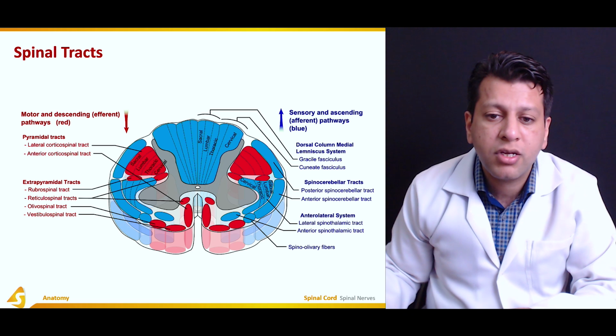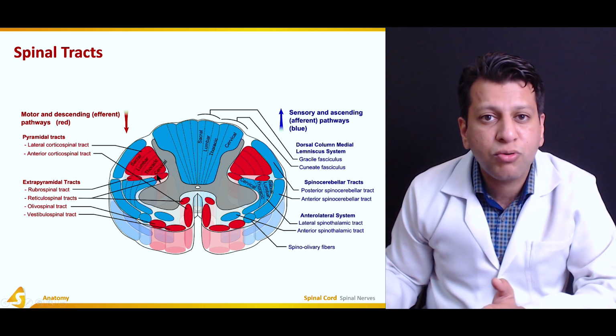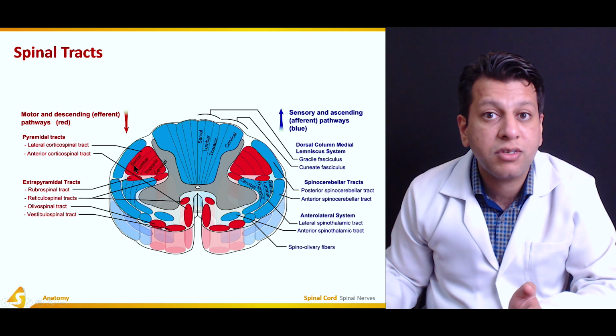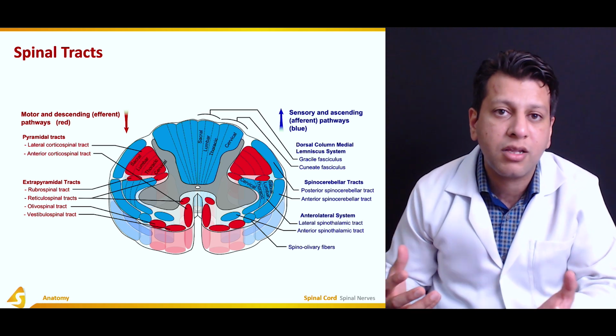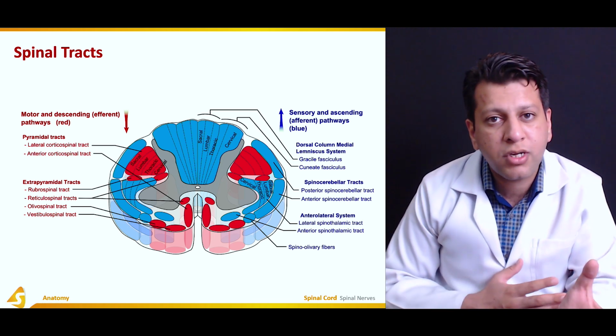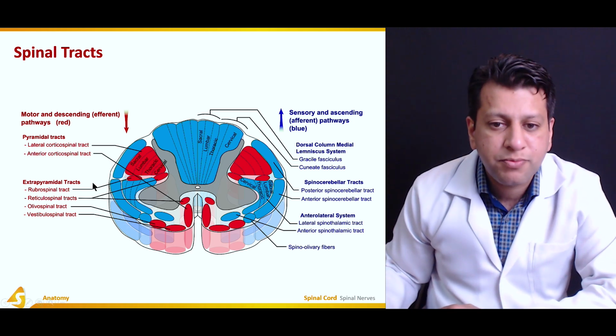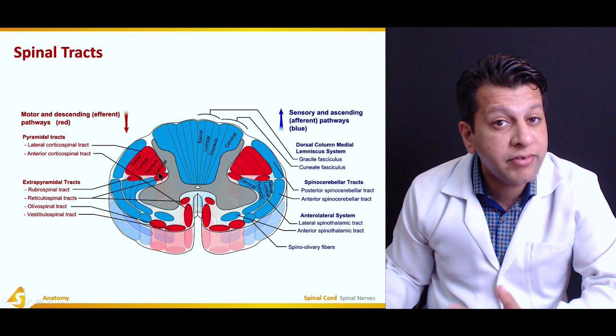If you appreciate over here, the cervical fibers are arranged more towards the center, and the sacral fibers, which supply the muscles of the sacral region, are arranged more towards the outer edge of the spinal cord. Now this has a significance.